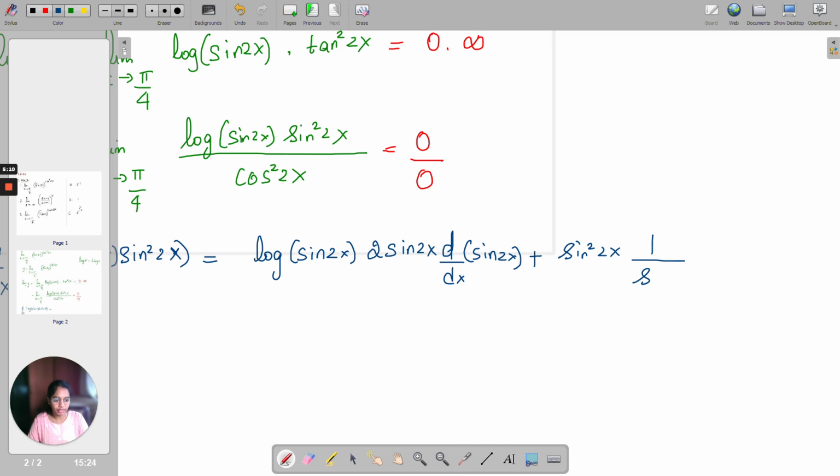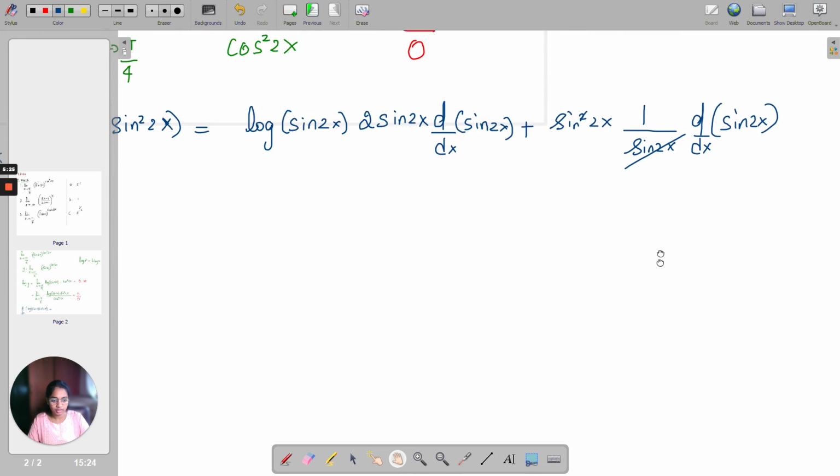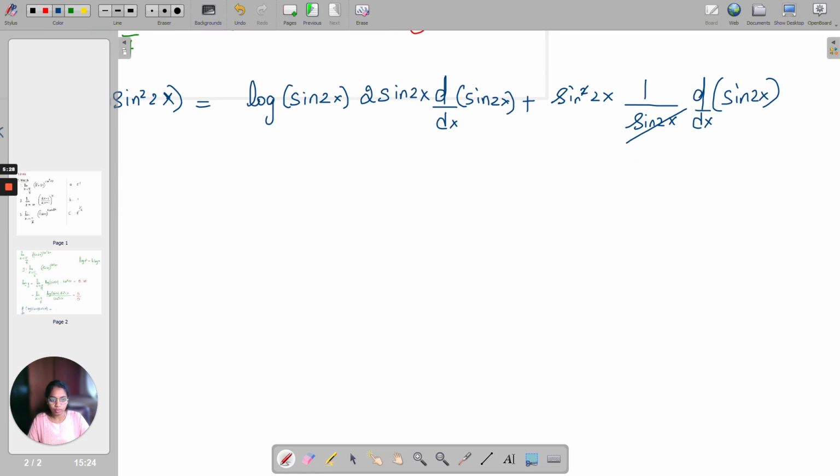That is 1 divided by sin 2x into d by dx of sin 2x. Okay. So yes, the sin 2x in the denominator and one sin 2x in the numerator get cancelled, right? What would we get? Log of sin 2x into 2 sin 2x, we can write it as it is, and differentiation of sin 2x is 2 cos 2x.